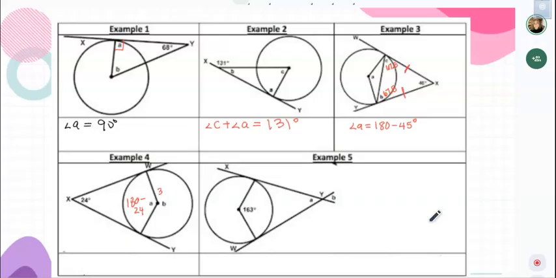So B would be 360 minus 180 minus 24. And when I distribute my negative, I get that angle B is going to be equal to 180 plus 24. So whatever the angle on the outside, if I do 180 plus that angle, I should get angle B.